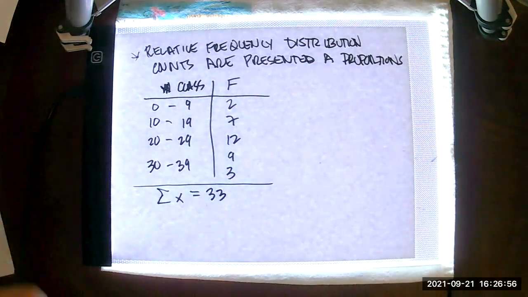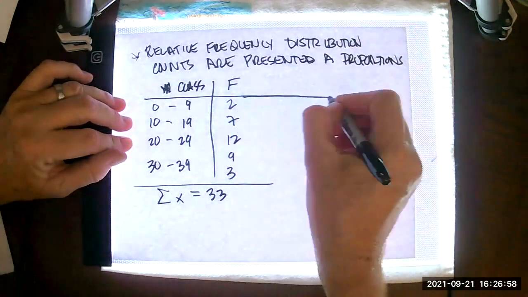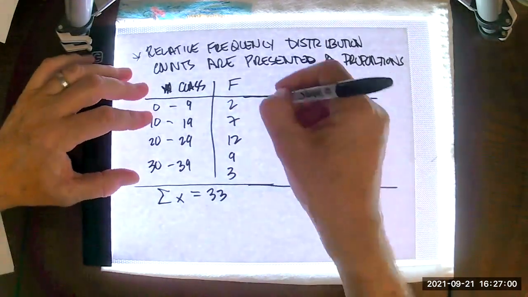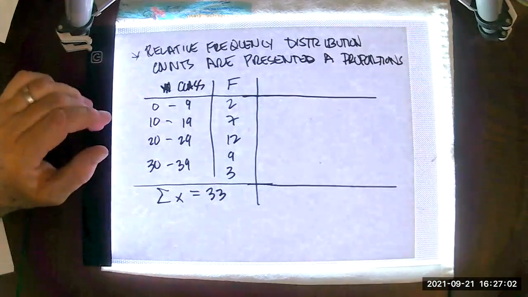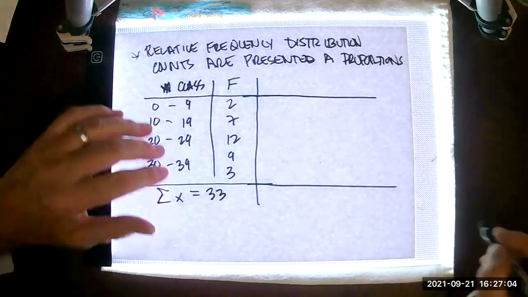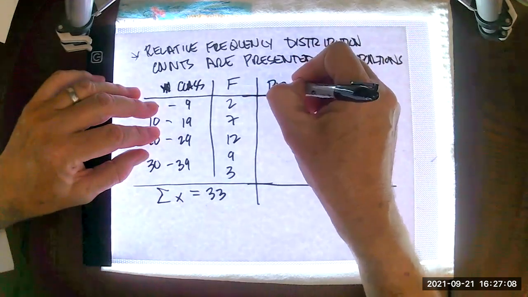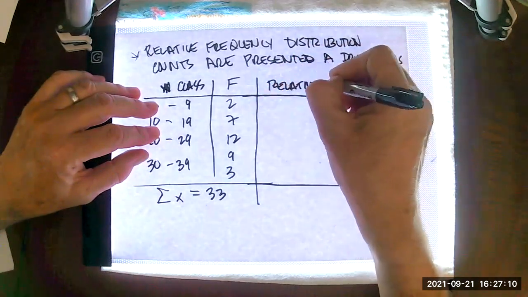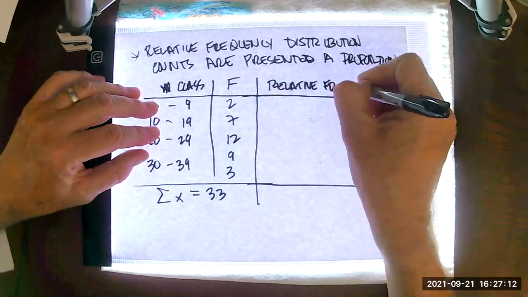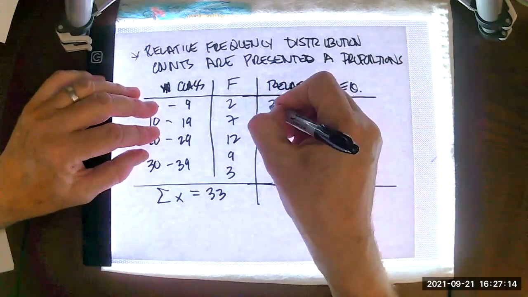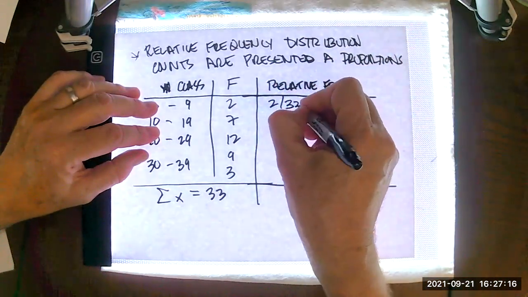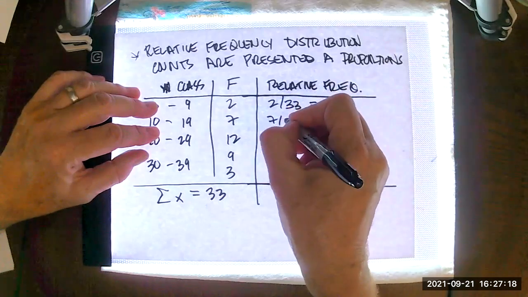So to calculate the relative frequency, and I'll run through this on my calculator, you won't need to see me demonstrate it. It's really straightforward. To calculate the relative frequency, I'll take each class count and I'll divide it by the total amount.